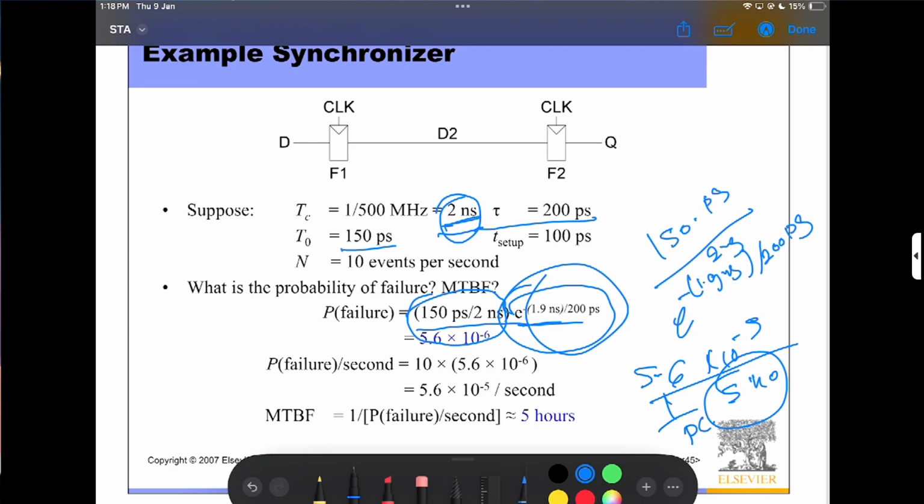So skew is like the flip flop 1 and flip flop 2 delay, where clocks are not arriving at the same time. Sometimes flip flop 2 gets the clock before flip flop 1, and sometimes flip flop 1 gets the clock early compared to flip flop 2. That's the kind of problem I solved.